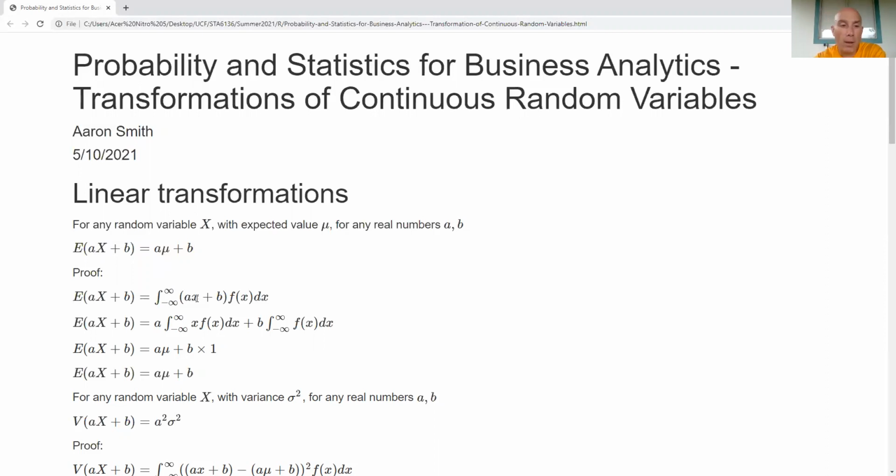Now, on the inside of the integral, I have a parenthesis times a function. What I can do is distribute that f across the parentheses: ax times f, b times f. Integration is what's called a linear operation, in that I can break this up across the plus sign and I can factor out the a.